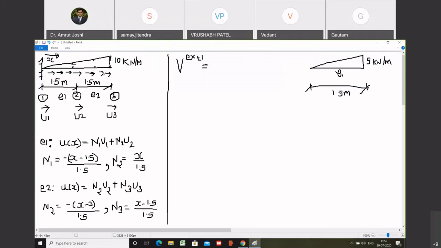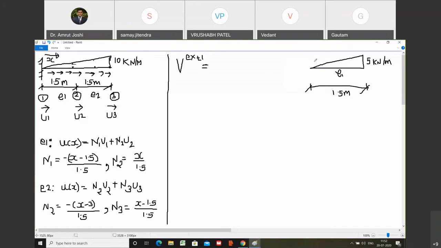Go distance 3 meter, you get 10. As it is linearly varying intensity, go distance 1.5, you shall get 5 kilonewton per meter. And this is the intensity of tensile loading.